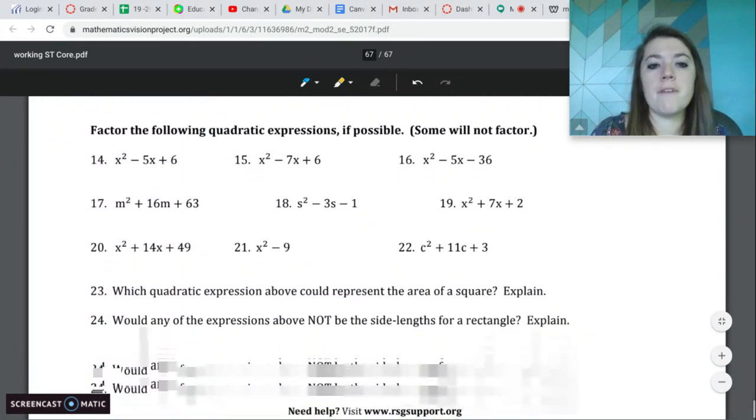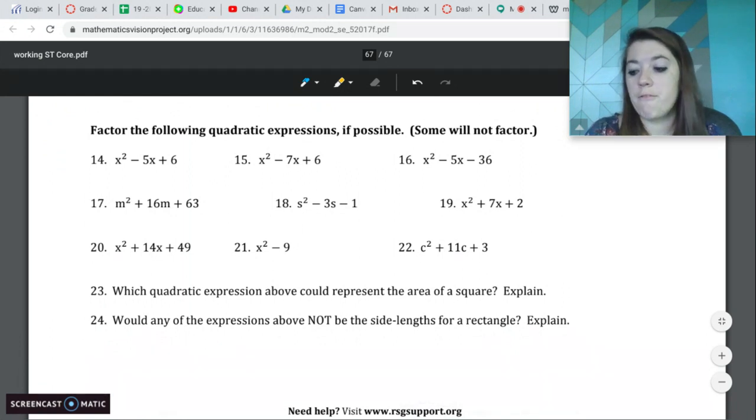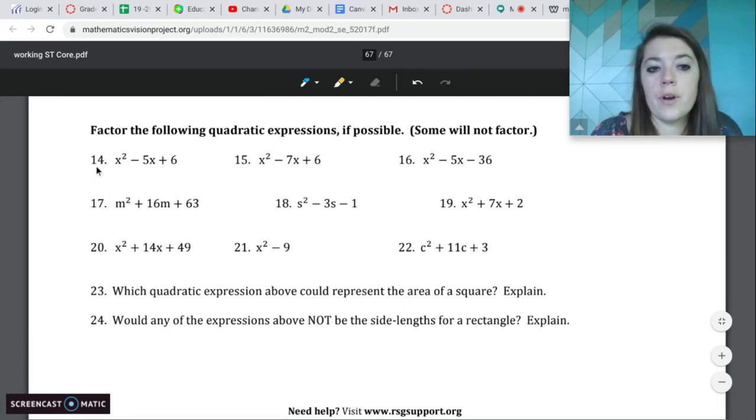All right, the last part, factor the following quadratic expressions if possible. So I will tell you 3 of these are not possible to factor, okay? All right, for number 14, x squared minus 5x plus 6. What 2 things multiply to give us 6 and add to give us negative 5?